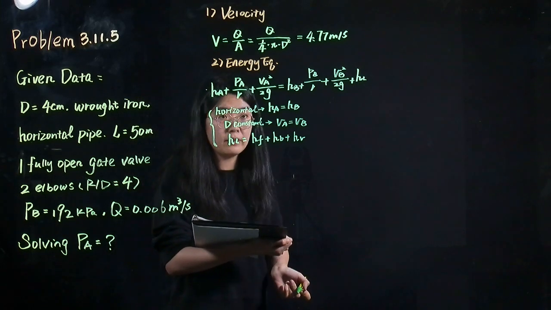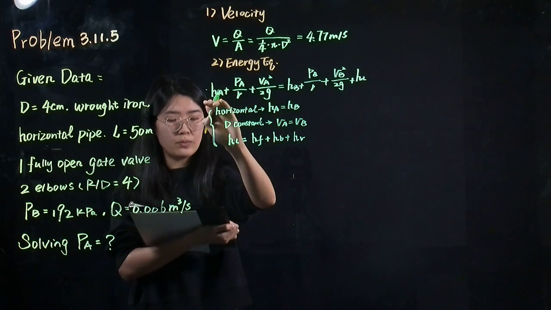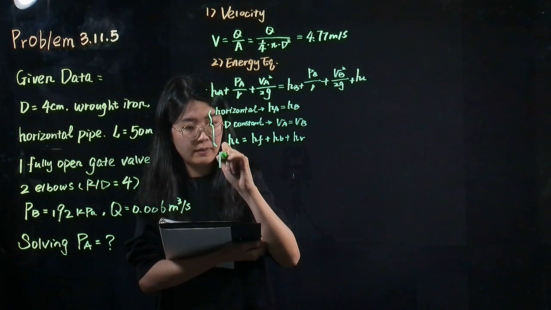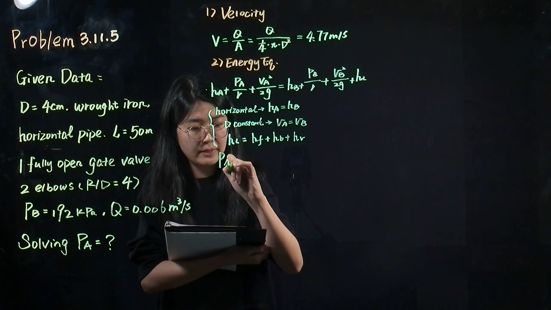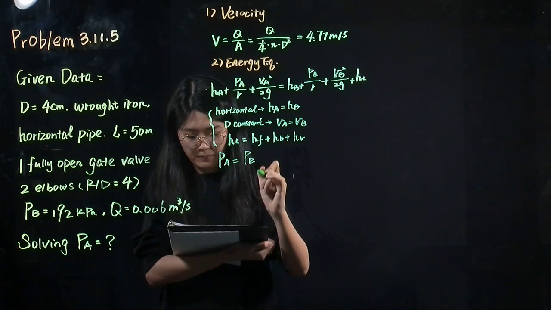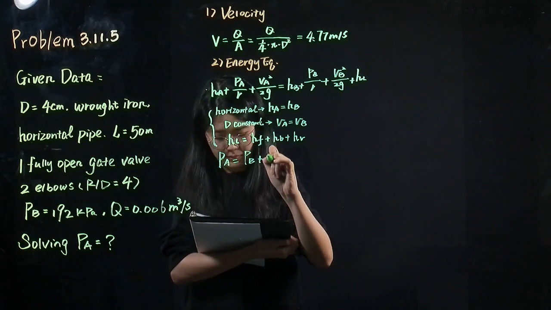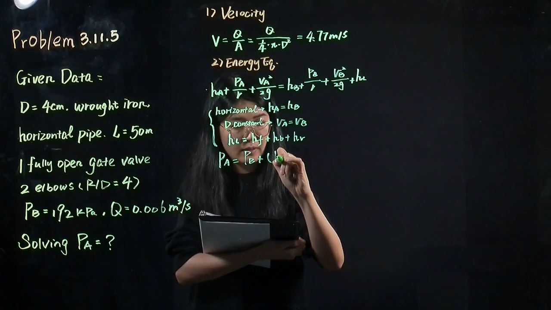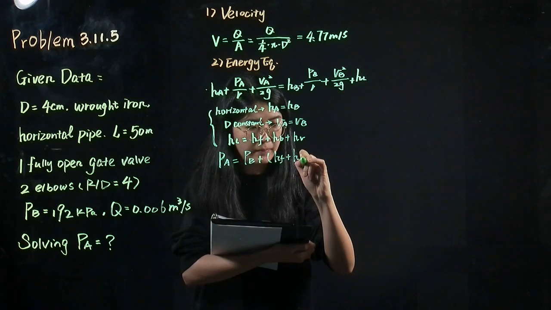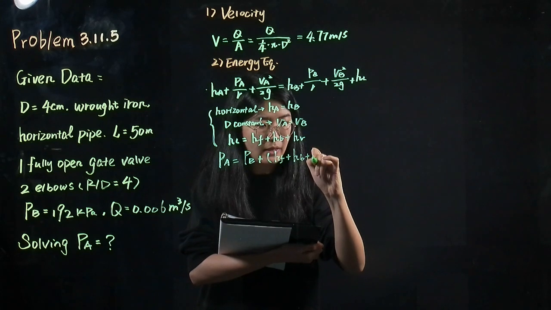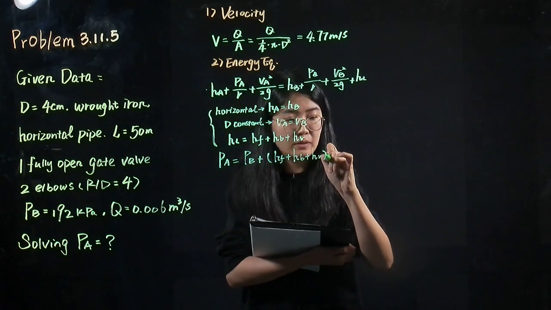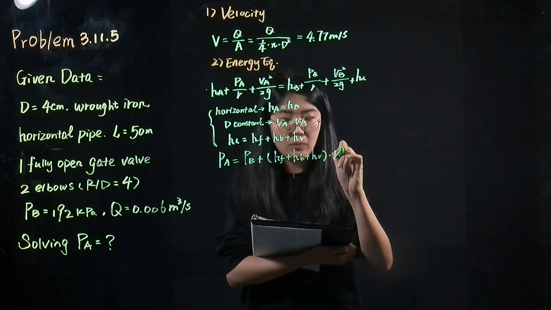So if we bring these three equations into this one, we can get the pressure at point A is equal to the pressure at point B plus HF plus HB plus HV times the specific weight of water.